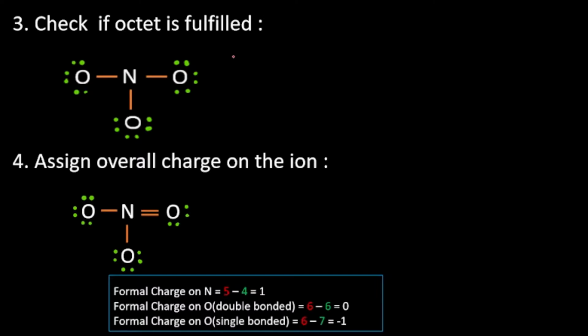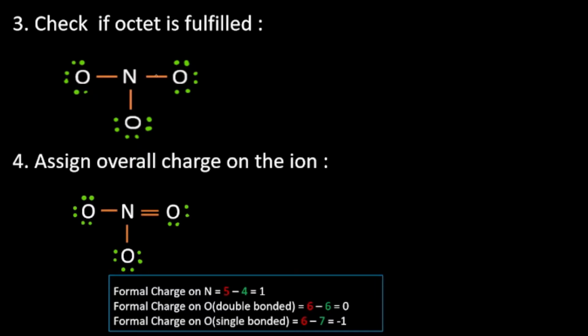In the fourth step, we have to check whether the octet is fulfilled for all the atoms. Now from this structure it is clear that all the 3 oxygen atoms have stable electronic configuration, but nitrogen needs 2 more electrons to complete the octet.